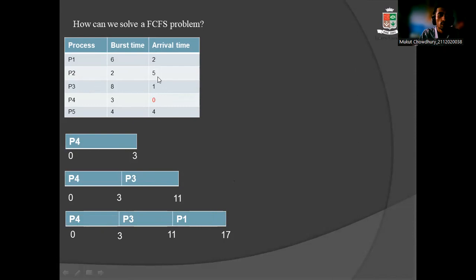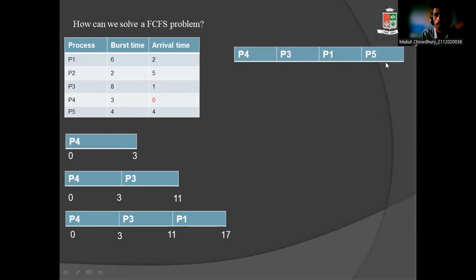After P1, P5 will come, because the arrival time of P5 is 4. The starting point of P5 will be 17, because the ending point of P1 was 17, and the ending point of P5 will be 21 because the burst time of P5 is 4.